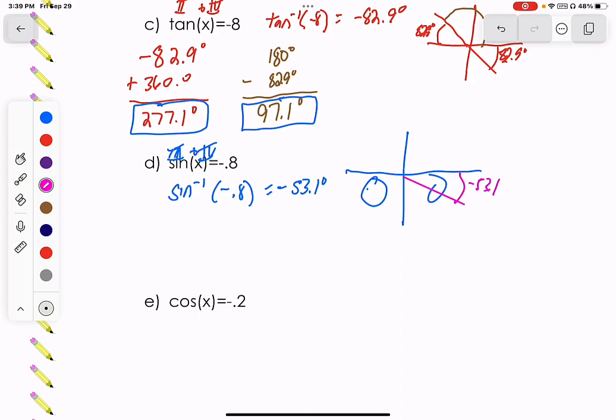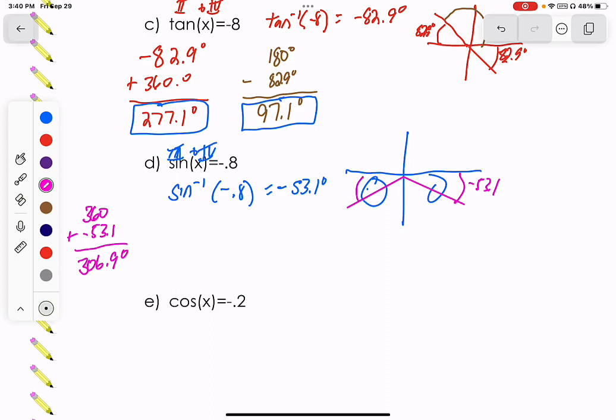And so in order to get that between 0 and 360, I'm going to go ahead and add 360 plus negative 53.1 degrees, and that comes out to 306.9 degrees. Well, I also want to get my angle in quadrant 3, which is going to be this angle here.